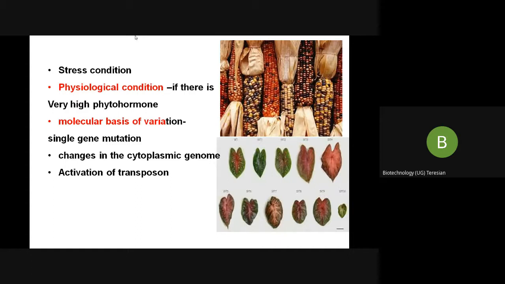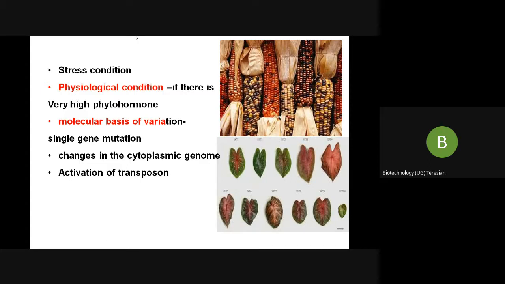You know what subculturing is: I am growing my plant or my callus in a new, fresh media, always growing the plants in new culture media. If there are sudden changes in the culture condition, or if you delay the subculturing cycle for a very long period, then it can lead to somaclonal variation.